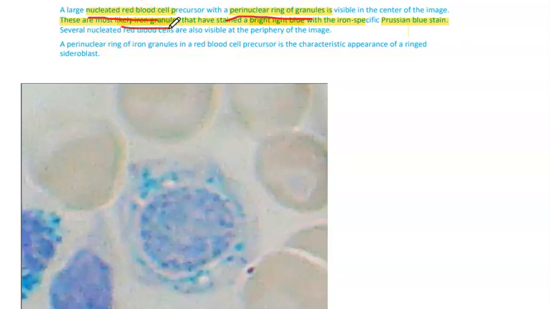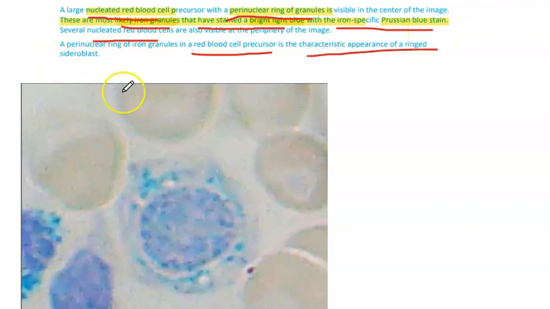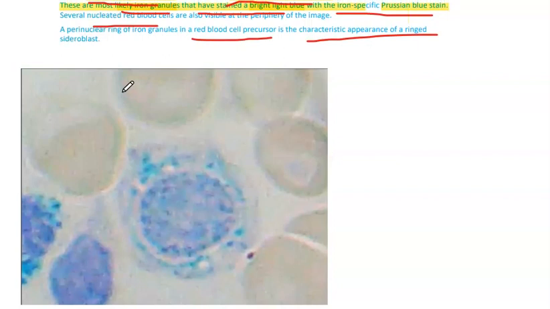These are iron granules that have stained a bright light blue with an iron-specific Prussian blue stain. Several nucleated RBCs are also visible at the periphery of the image. A perinuclear ring of iron granules in a red cell precursor is the characteristic appearance of the ring sideroblasts.